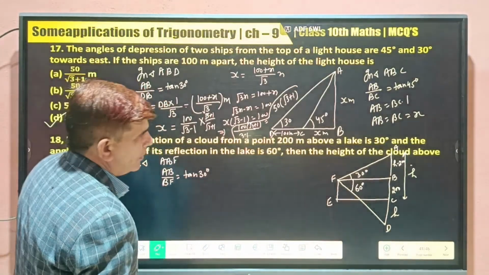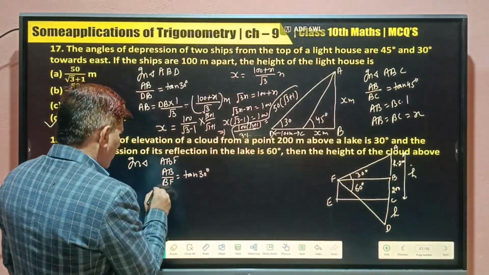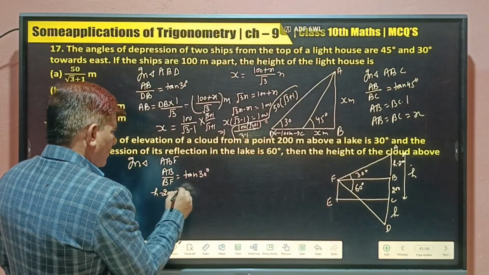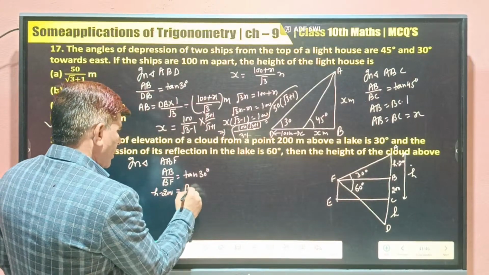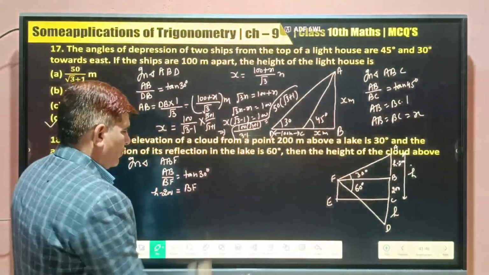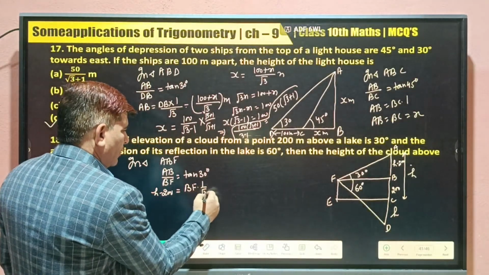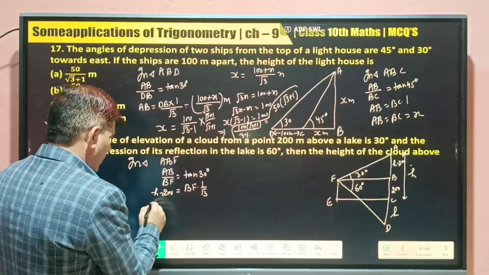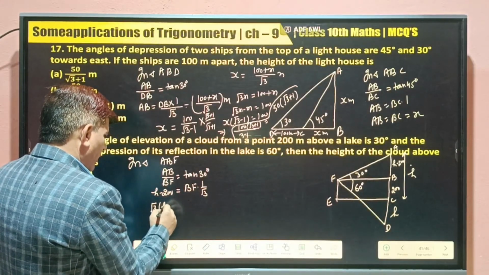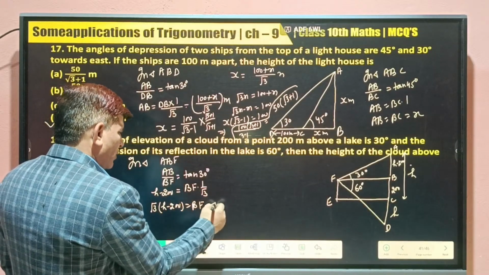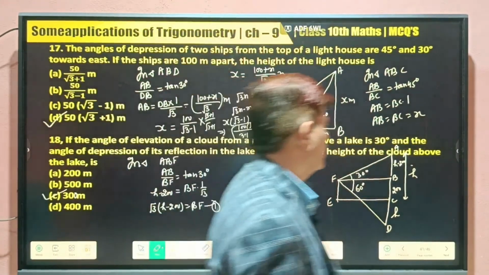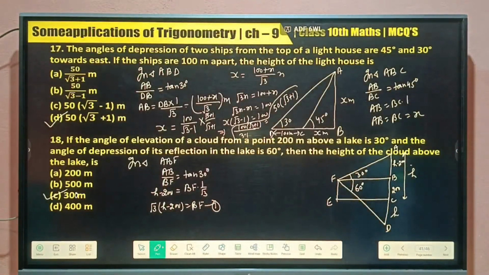AB equals H minus 200. BF, tangent 30 is 1 by root 3. Bring to this side: root 3 into H minus 200 is equal to BF. This is your first equation. Understood?